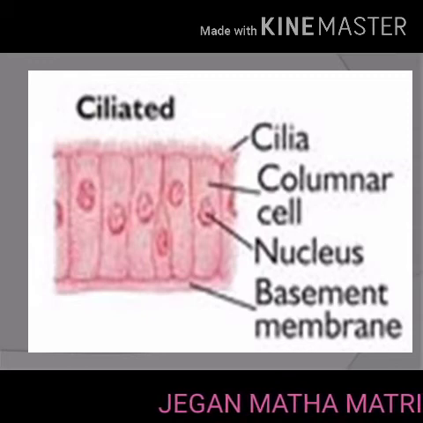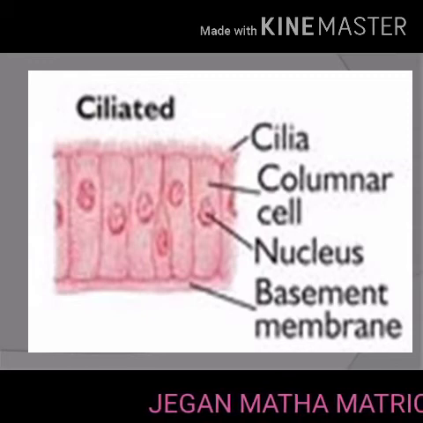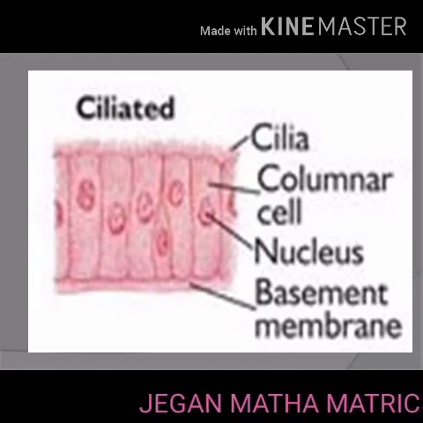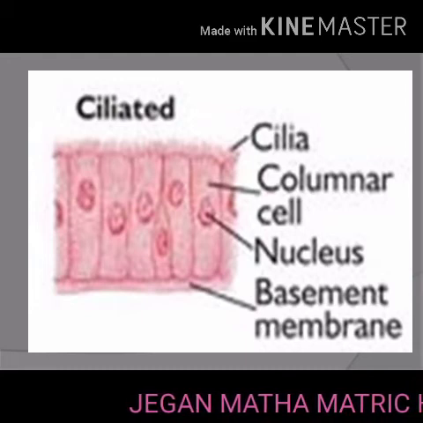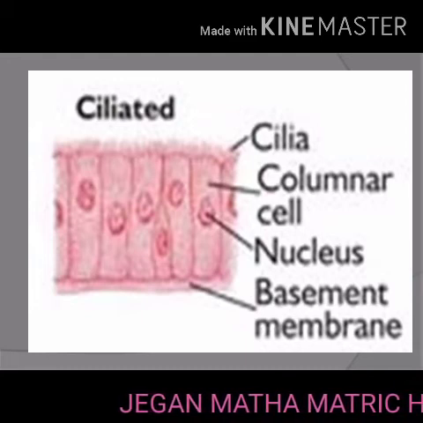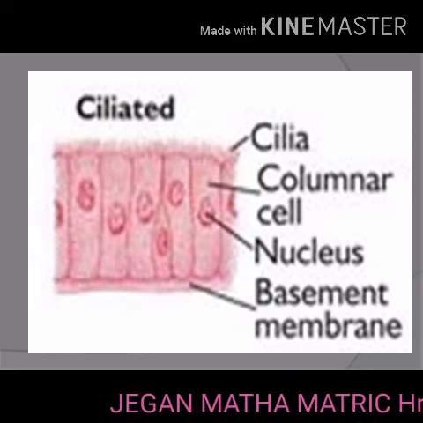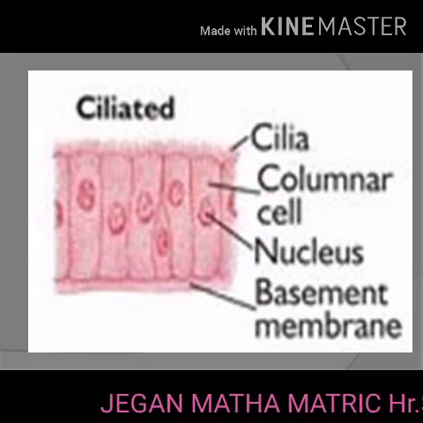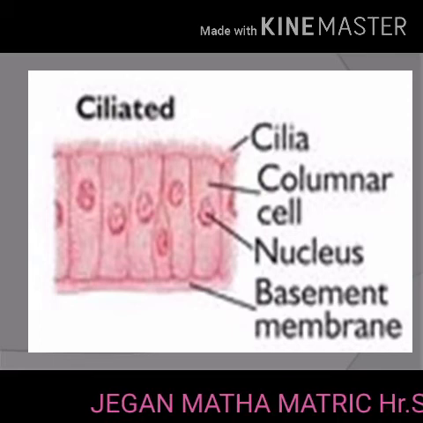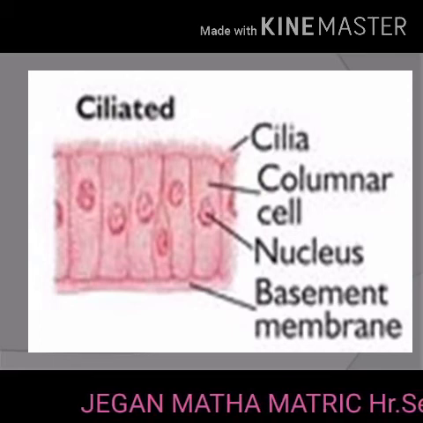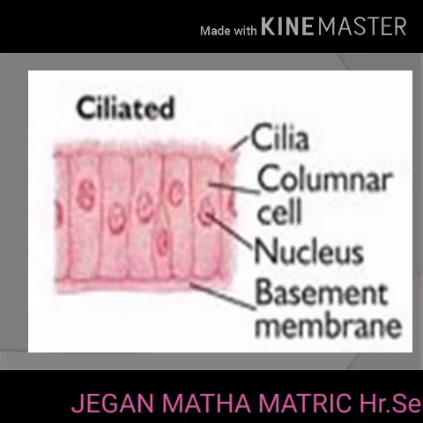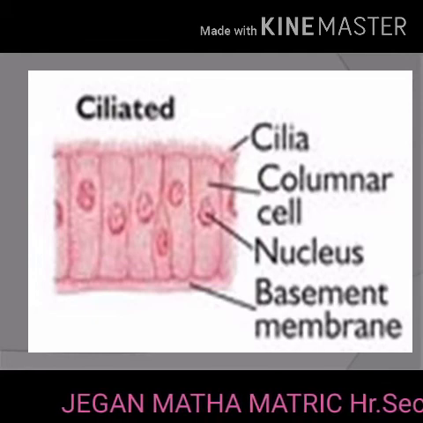Ciliated epithelium. Certain columnar cells bear numerous delicate hair-like outgrowths called cilia and are called ciliated epithelium.